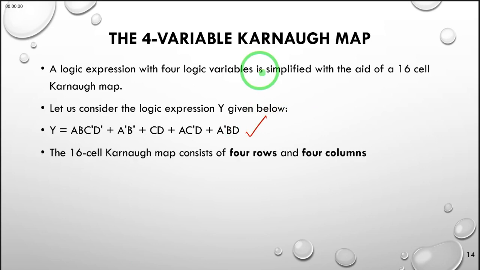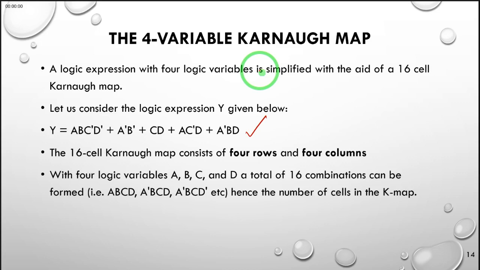The 16 cell K-map will consist of 4 rows and 4 columns. We divide the 4 variables, 2 to become rows and 2 to become columns, so that with 4 variables A, B, C, D, a total of 16 combinations are possible, starting with A, B, C, D, then introducing the bars.